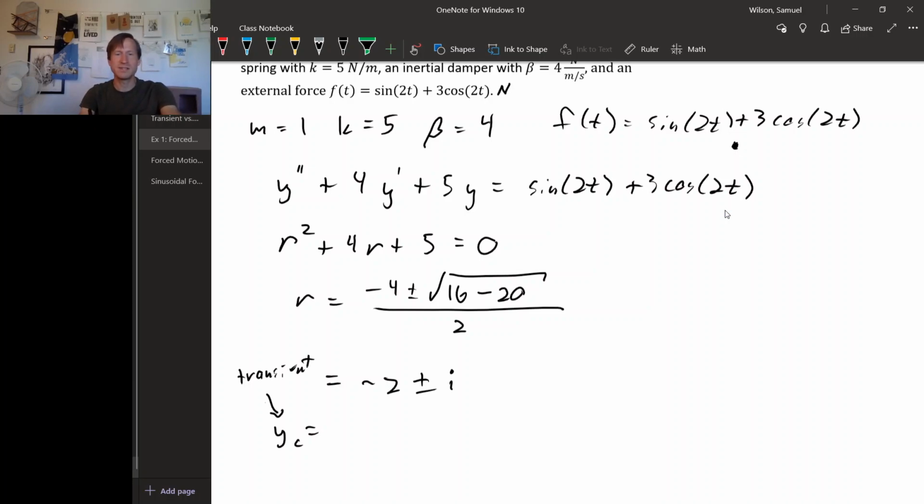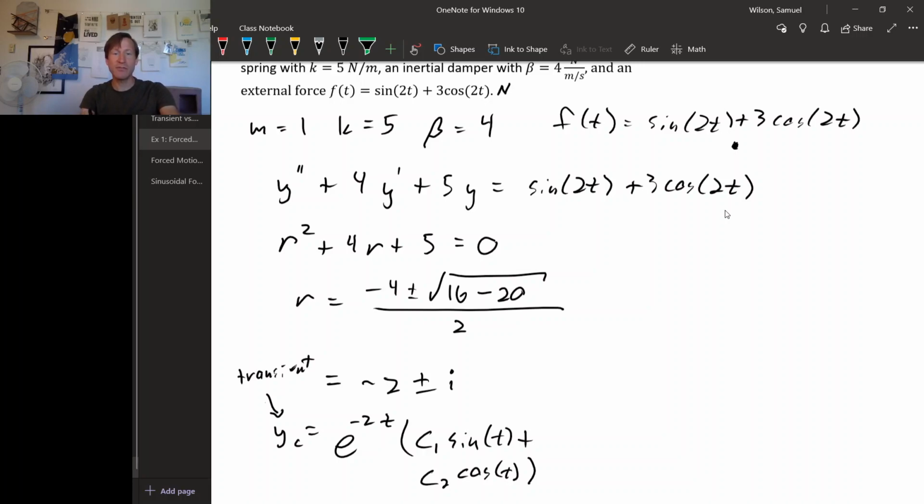So our transient is going to be e to the minus 2t times some constant c1 times sine of t, plus some other constant c2 times cosine of t. And remember, it's initial conditions that determine the constants c1 and c2. We don't have initial conditions, so we'll just leave these as unknown constants for right now.